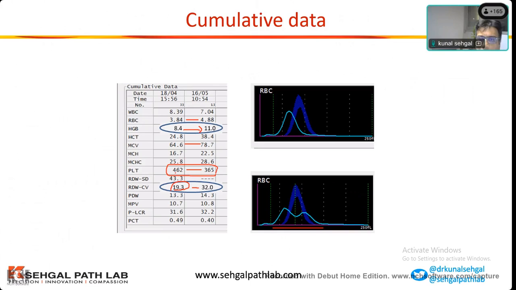That is one option. Second, whenever there is increased RBC production, there is simultaneously increased production of platelets because the marrow is stimulated. There may be a reactive thrombocytosis in iron deficiency anemia. And sometimes severe microcytosis may interfere with your platelet count.